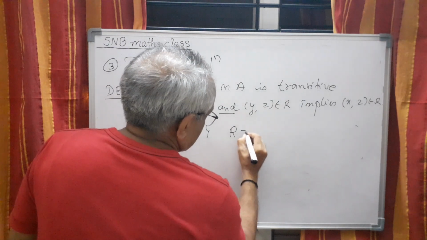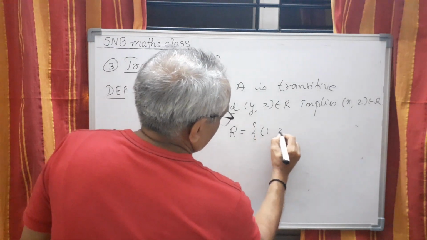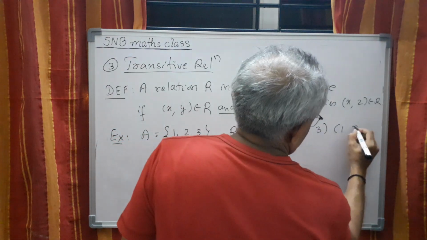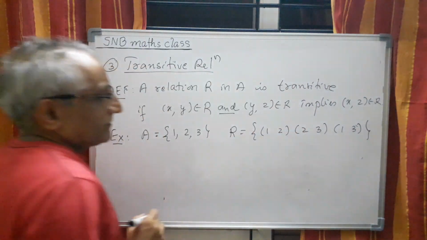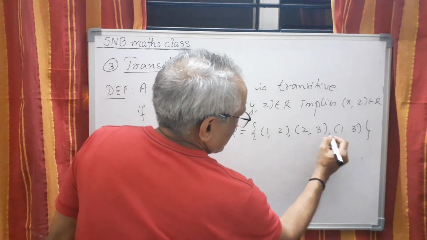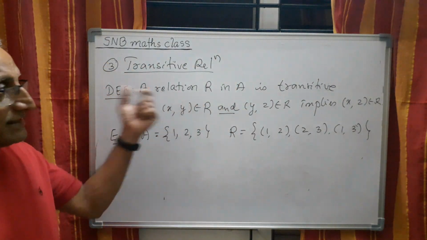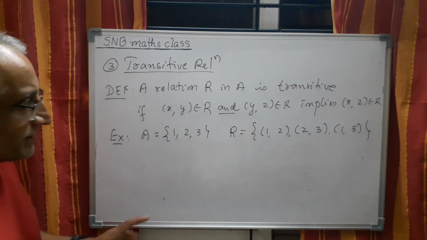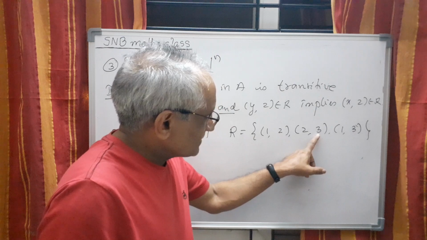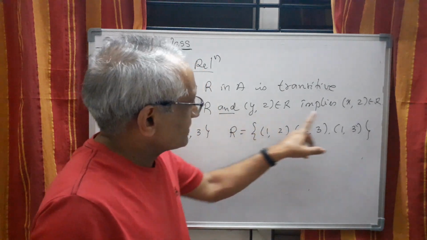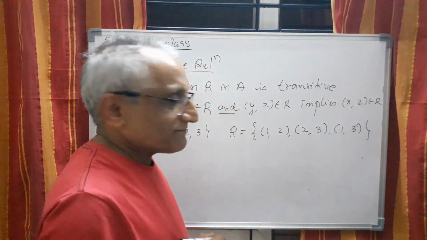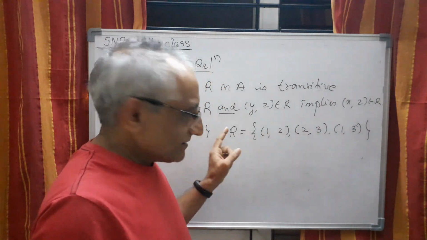Let me take R = {(1, 2), (2, 3), (1, 3)}. I have taken a very small example so that we can apply the definition for the first time. (x, y), (y, z) is there. According to this condition, (x, z) must be there. (1, 3) is there. So it is transitive.